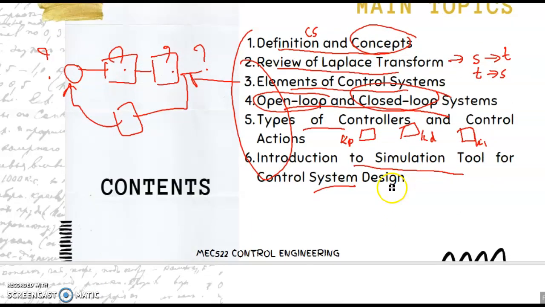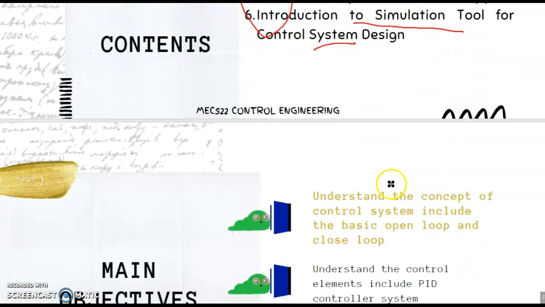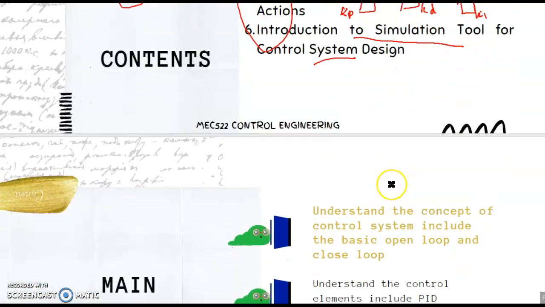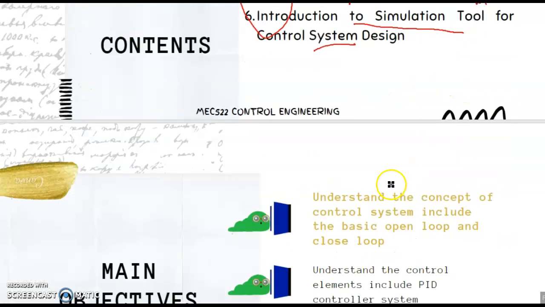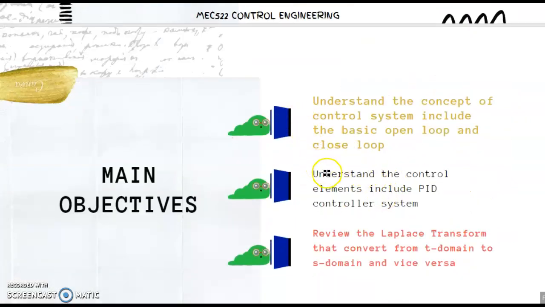Maybe for this video we just focus on the concept or definition. Before we go to the definition, we need to know the objective: what you actually want to learn in this chapter. First, to understand the concept of control system, including the basic open loop and closed loop.